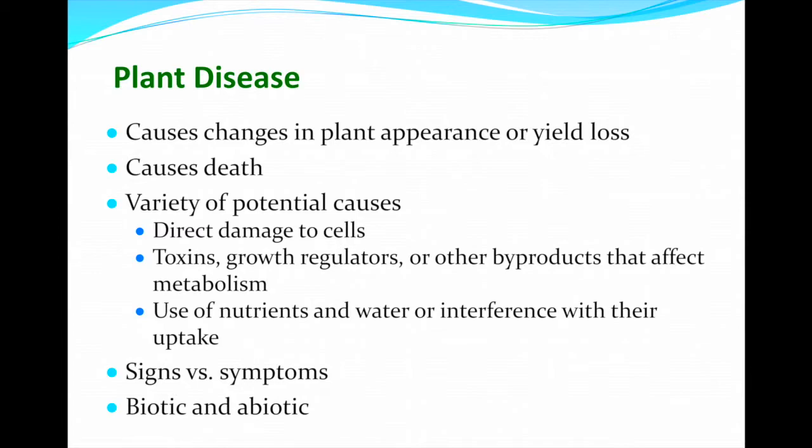So if I can see, and sometimes you can and sometimes you can't, the actual body of the pathogen itself, and a pathogen's anything that can cause disease, if I can see the body of it, that's a sign that it's there. If I can see the result of the impact or the malfunction caused by that living thing, that's a symptom. So signs and symptoms are very different things.